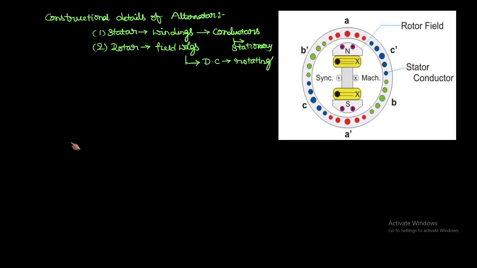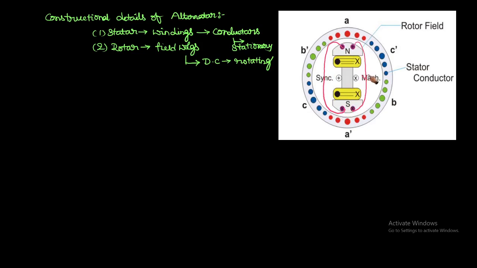Here you can observe the constructional parts of the alternator. The windings are placed on the stator. Then you have another part, the rotor. For the rotor we have to give some excitation, that is, the field excitation. Then we have the rotor field, which travels from north pole to south pole in this fashion.